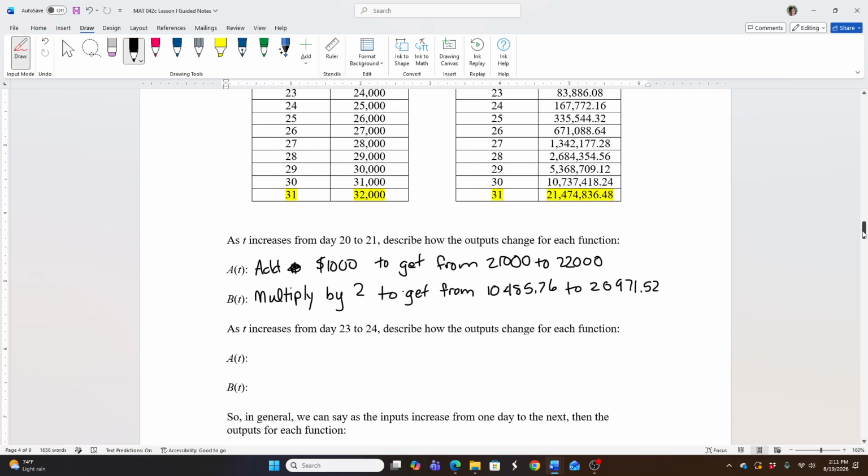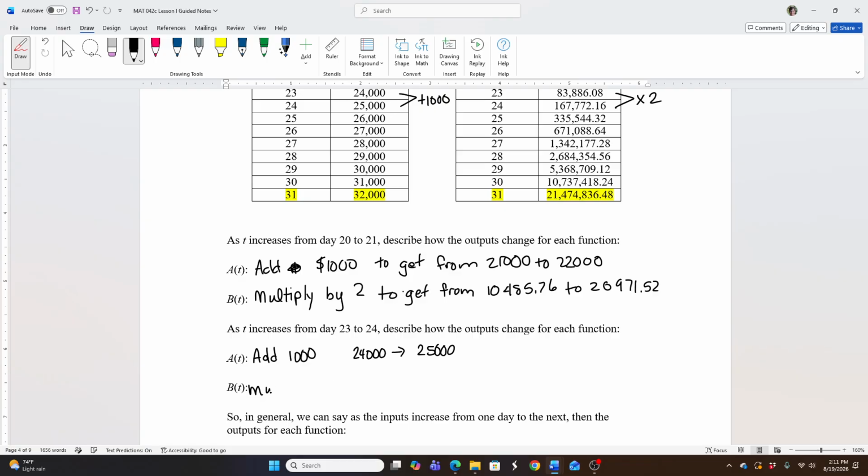It asks, as t increases from day 23 to 24, again, for A, we add 1,000, and for B, we multiply by 2. So this is add 1,000 in the linear function, and here we're multiplying times 2. So I'm just going to write that here. Add $1,000, and you get from 24,000 to 25,000.